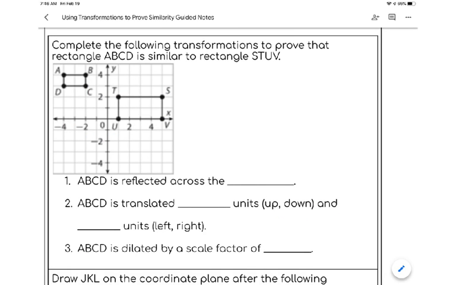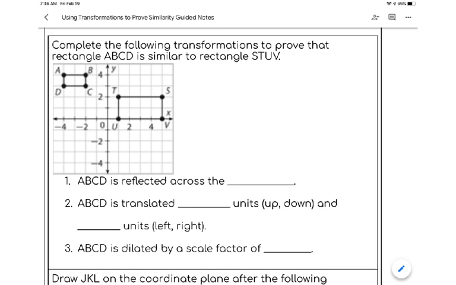Okay, so let's complete this transformation in order to determine that rectangle ABCD is similar to rectangle STUV. We're going to start by reflecting it across the y-axis. I apologize for that bell in the background. Okay, we will reflect it over the y-axis.